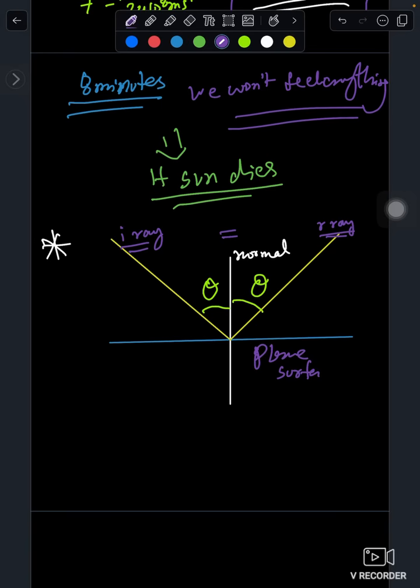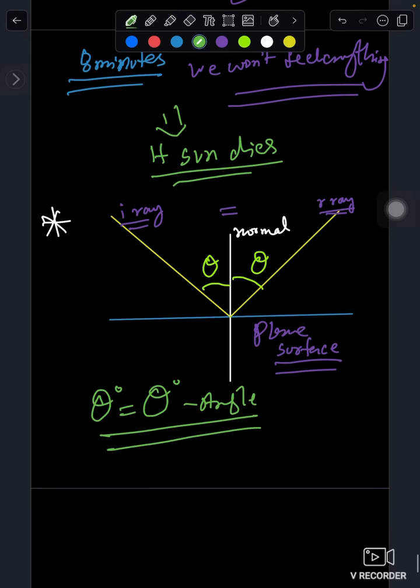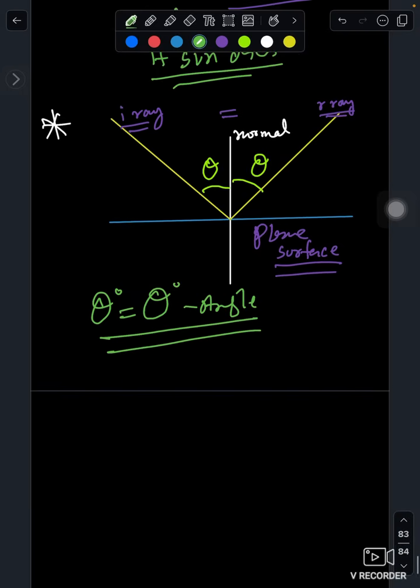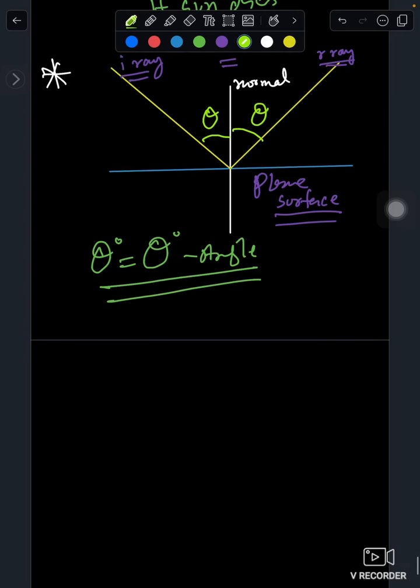Okay, so here we can say theta equals theta. Theta is the angle. Okay, then what is light actually?